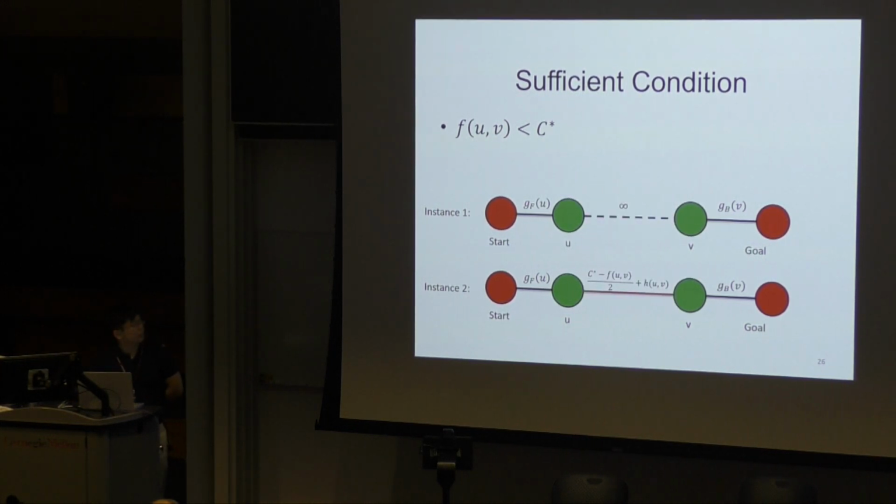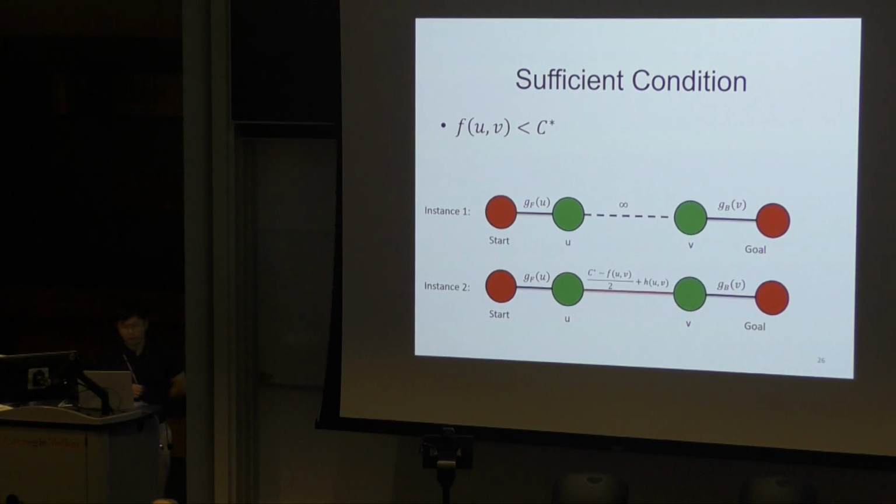If the algorithm expands neither U nor V, then it will never detect the edge connecting U and V. So we can always construct an instance in which the algorithm does not find the optimal solution.